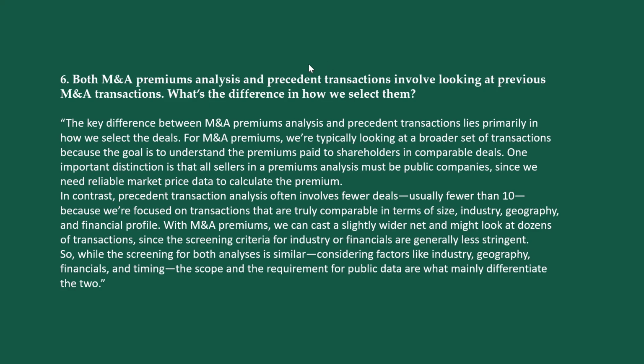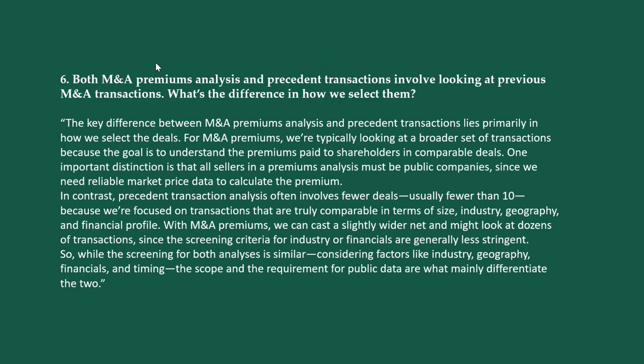Geography often matches the target region, and timing also, typically within 5 to 10 years to reflect current market conditions. We look at the screening and timings so that we can compare along the industry.